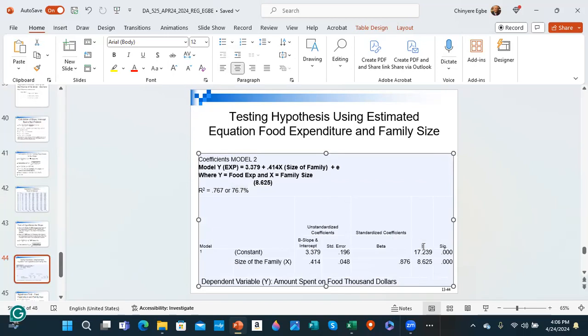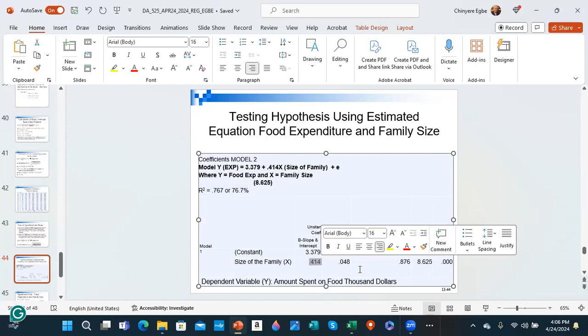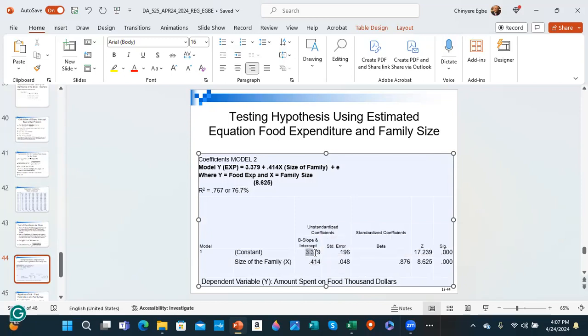Like I said, SPSS prints everything as a T, even though it says Z. The slope is 0.414. That is, for each additional person in the family, 41.4 cents is spent on food. But then every family will spend about, well, this is in thousands anyway, so about $3,000 or $300 worth of money on food, and the Z is 17.